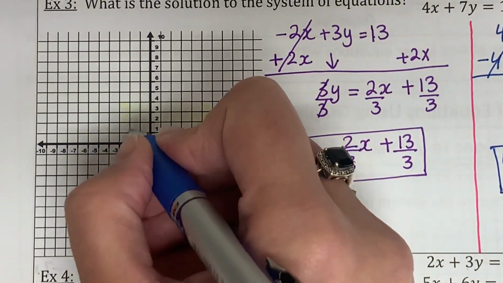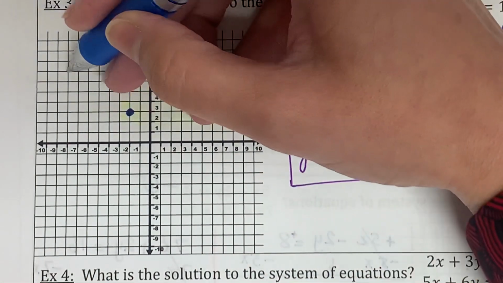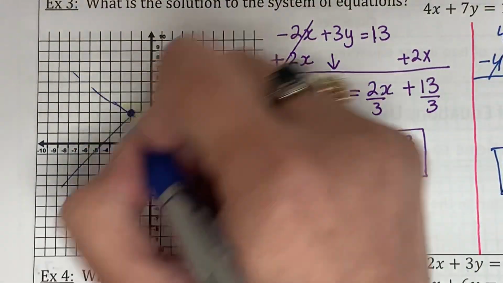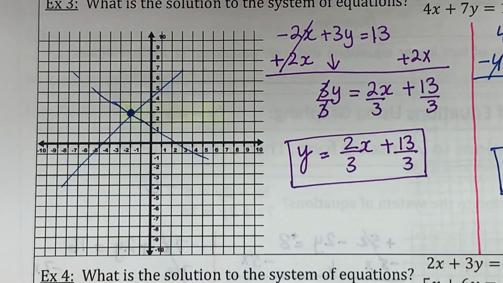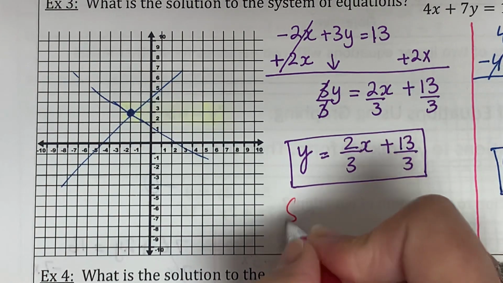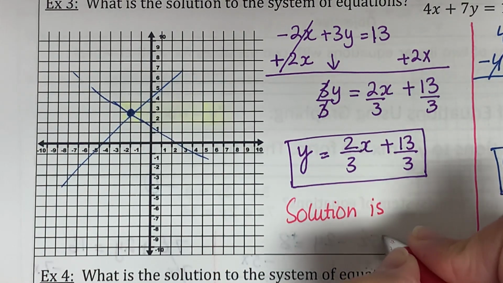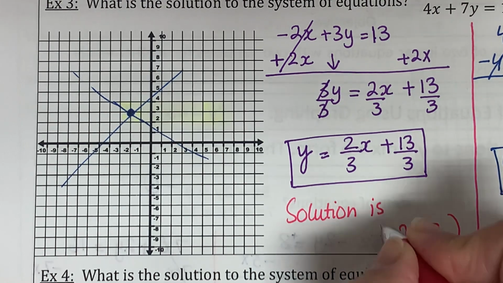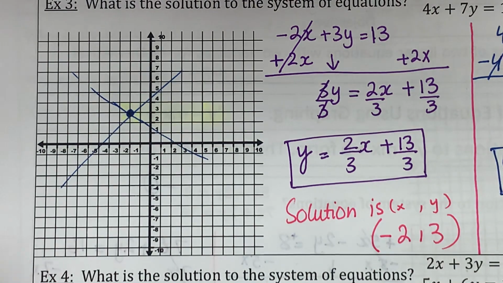So I have two lines, they're going there, I can see, and this is my answer. So the solution is negative 2 comma 3. This is your x and this is the y value.